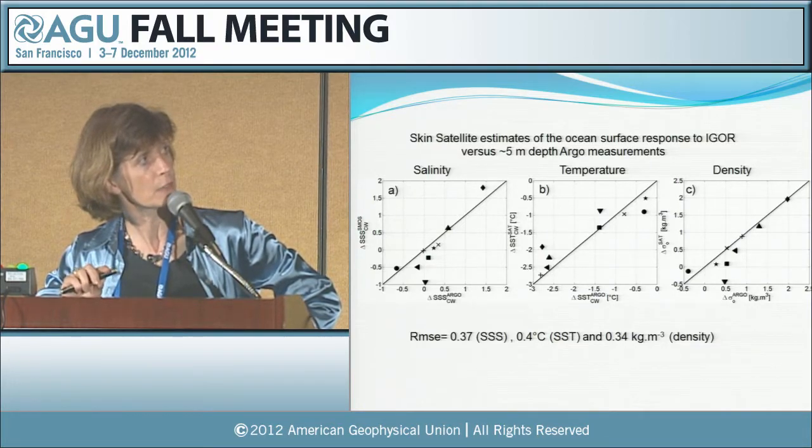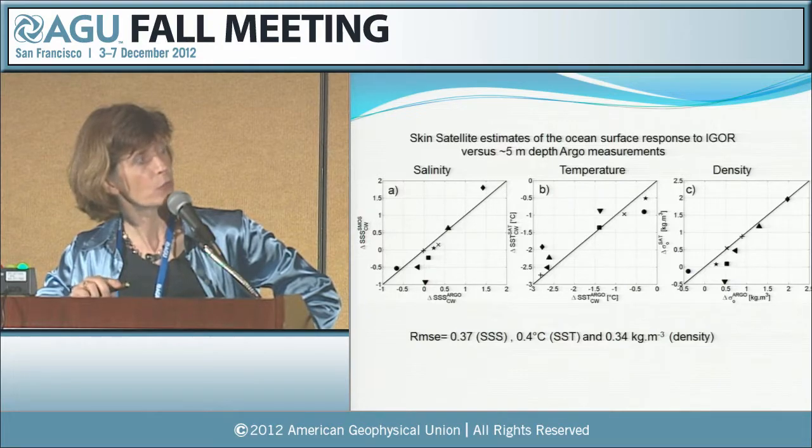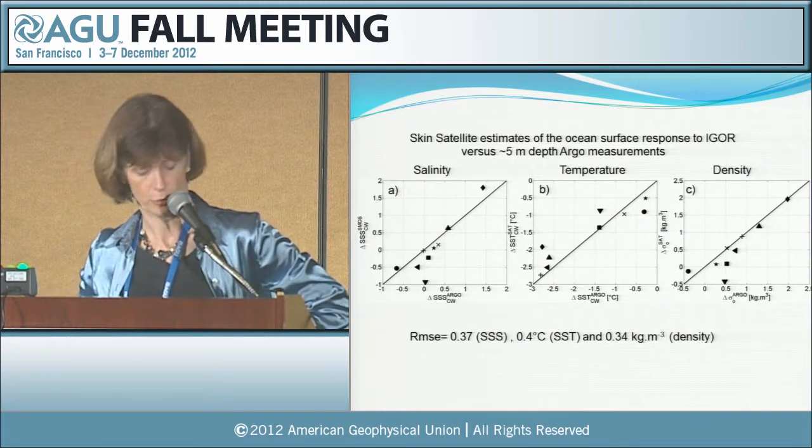You see quite a nice correlation. The RMS error is 0.35, which is relatively small compared to the changes that are observed. And you also see a good correlation in temperature.